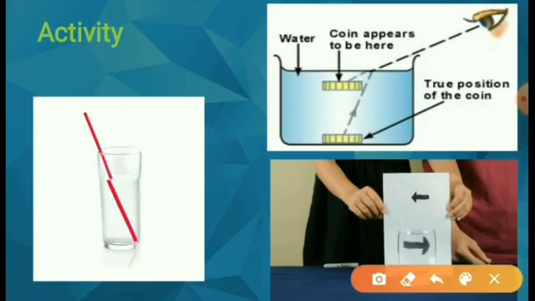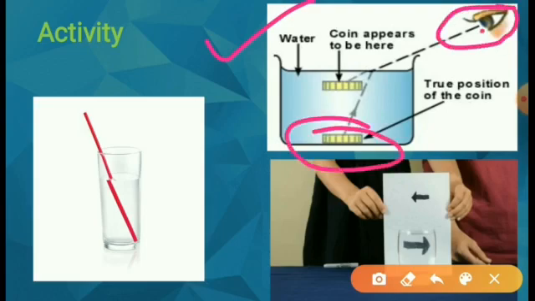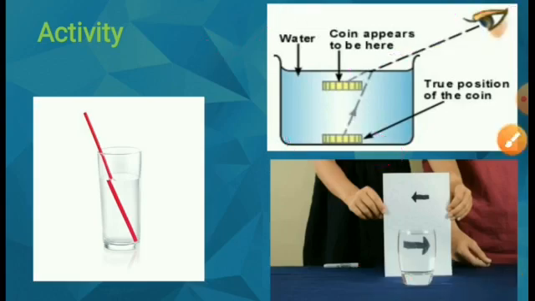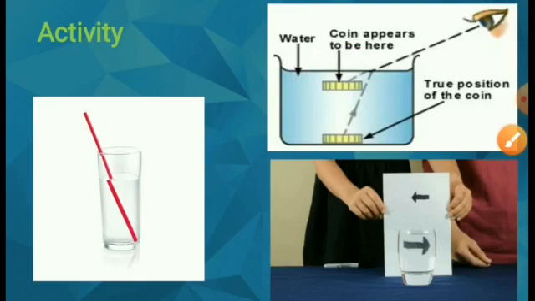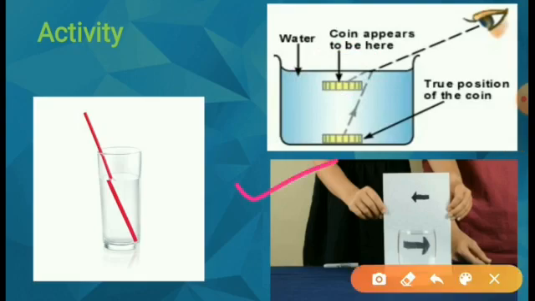Now take the second one. The coin is placed here, but when you see it from this angle, it appears to be here. The next is this.